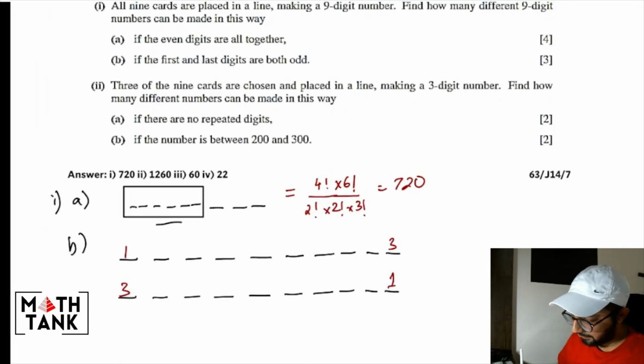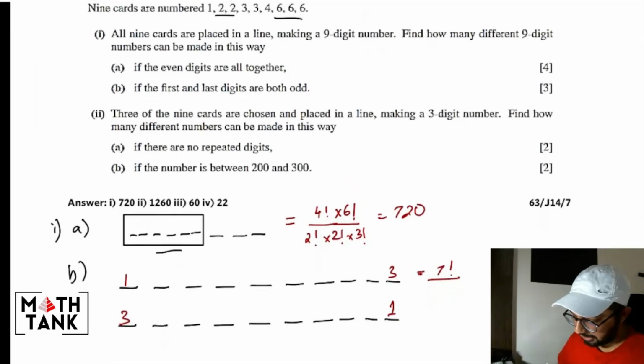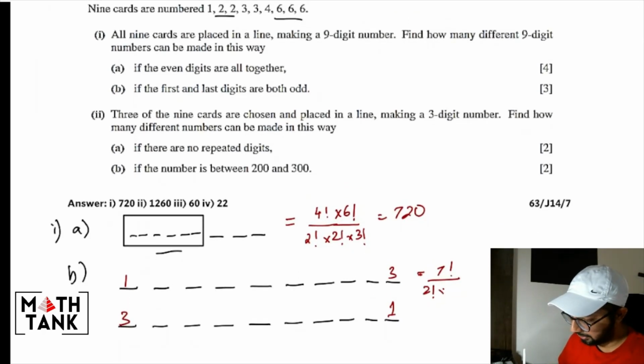So I have 7 dashes in the middle, so 7 factorial divided by 2 factorial into 2 factorial. No, sorry, the 3's aren't getting repeated, so I'll ignore those into 3 factorial. And then 7 factorial, the 2 2's are being repeated and the 3 6's are being repeated.